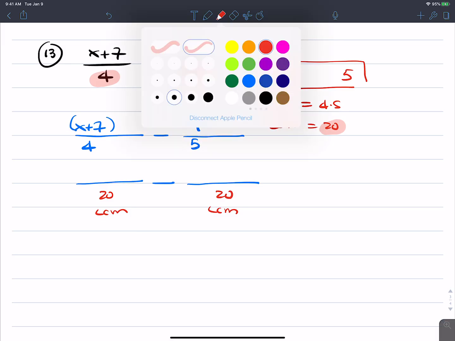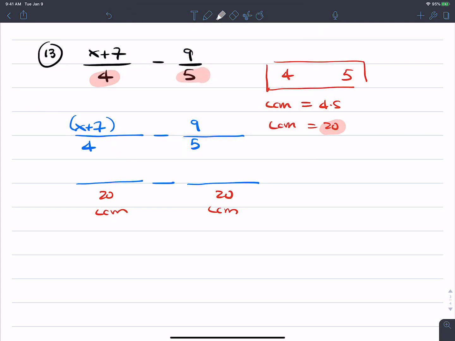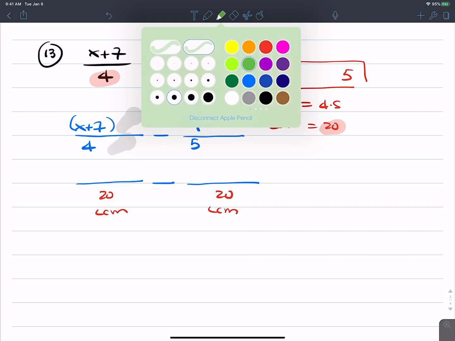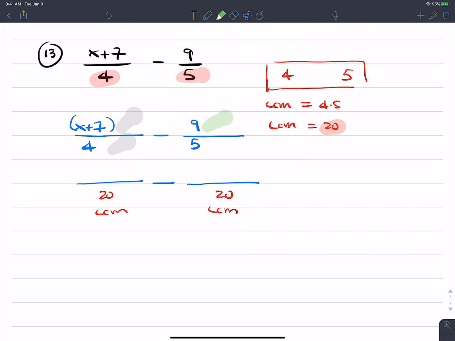Remember, we need a term that we put here and here, and we need another term that we'll put here and here. Okay, we want to keep our fractions equivalent. And so let's remember what we do here.